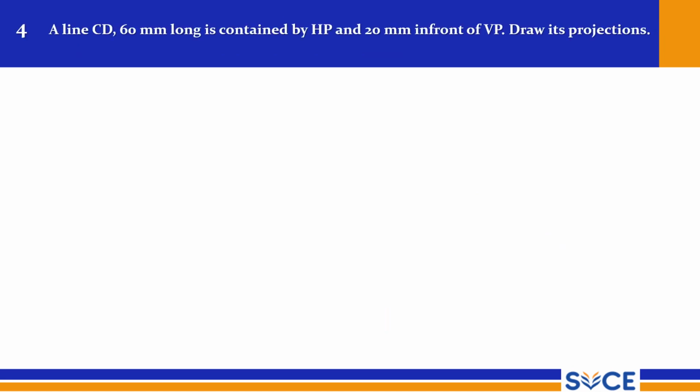This is how we should write it: all dimensions are in mm, in small case letters only. So next problem: a line CD 60 mm long is contained by HP and 20 mm in front of VP. Draw its projections. This is the XY reference line. It is the same kind of problem, belonging to the same case.